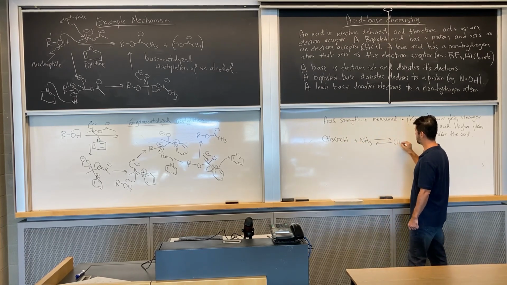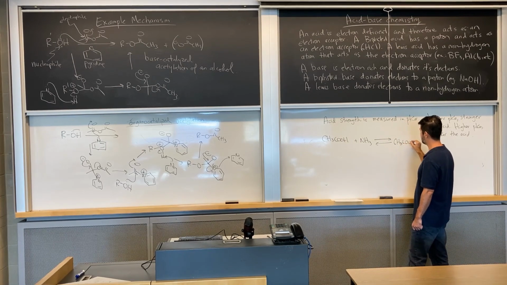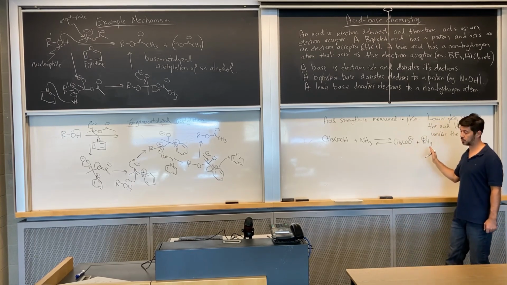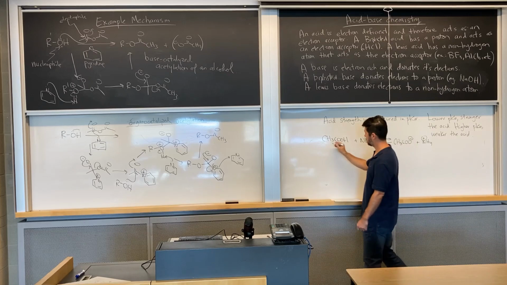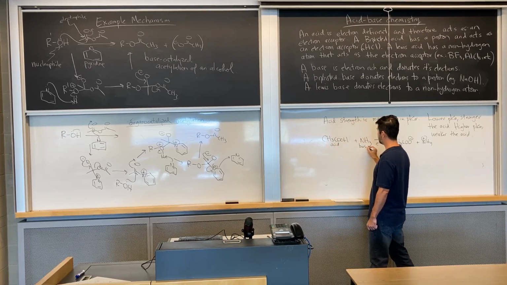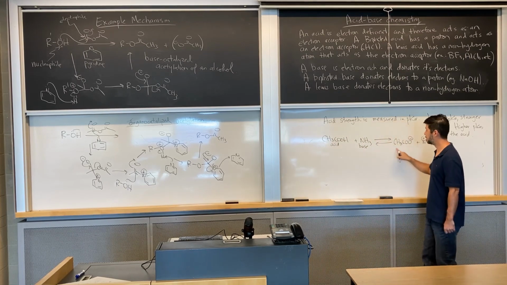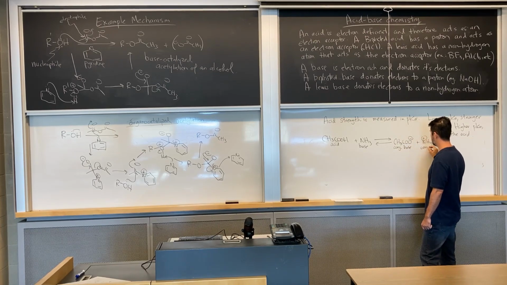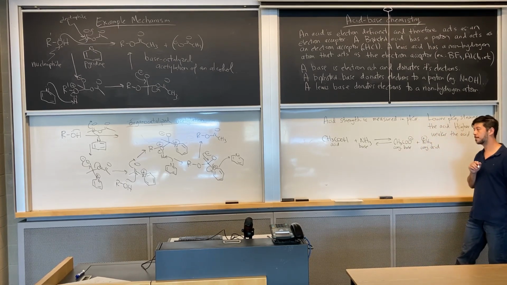So if you do this acid-base chemistry, you are now left with this reaction here. So this is known as your acid, or more specifically your Bronsted acid. That's your base, Bronsted base. This is also known as the conjugate base, and this is also known as the conjugate acid. So you've heard of those terms before.